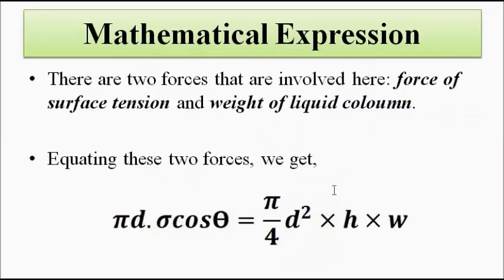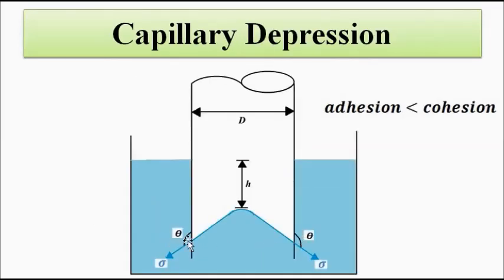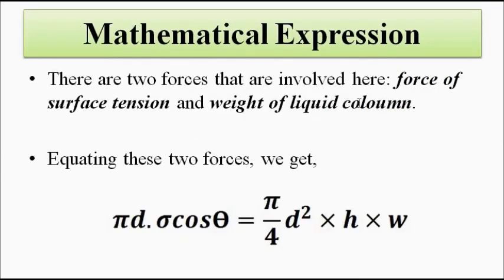So the two forces that are involved here: first is the force of surface tension acting at angle theta with respect to the thin glass tube in both the cases, and second is the weight of the liquid column.